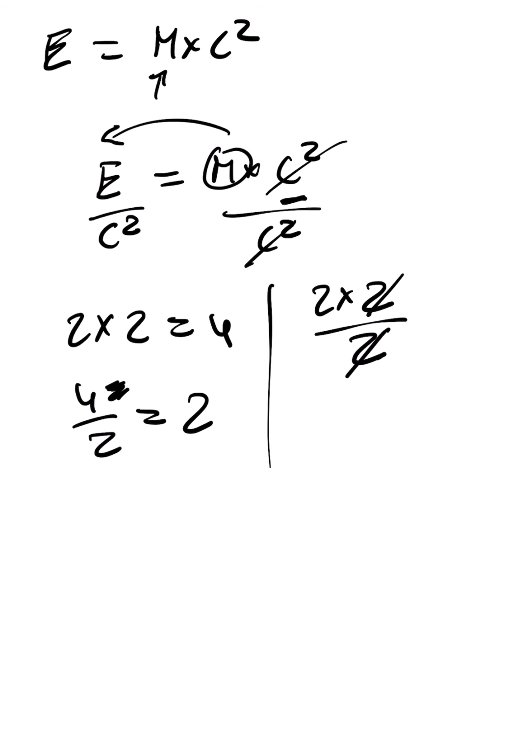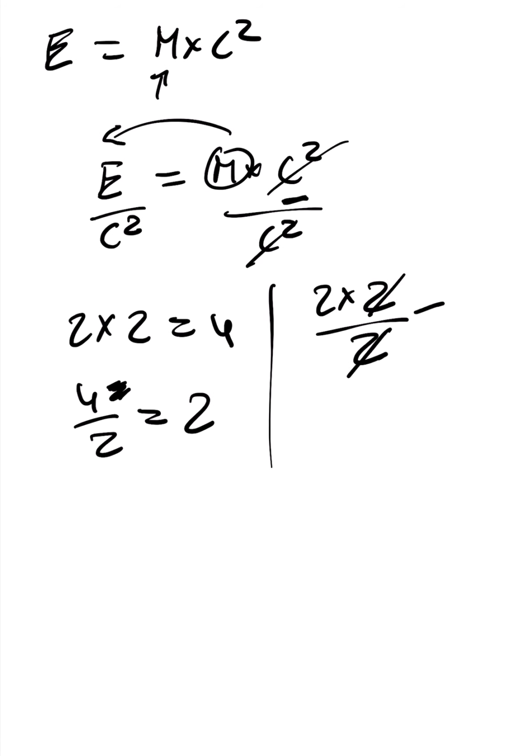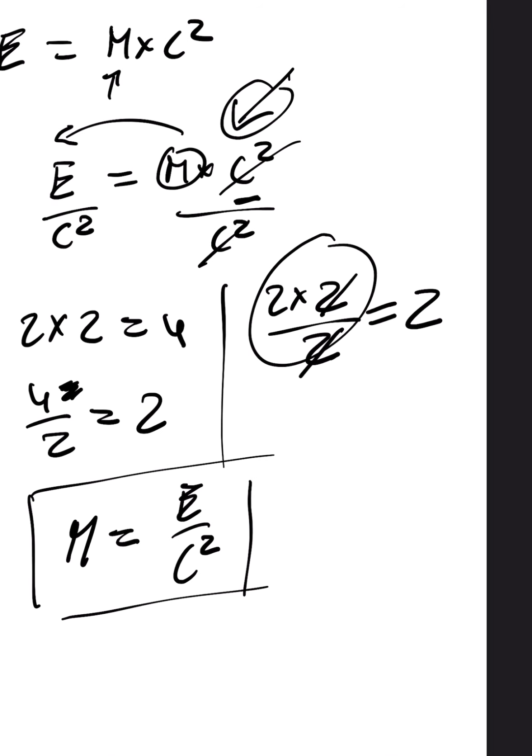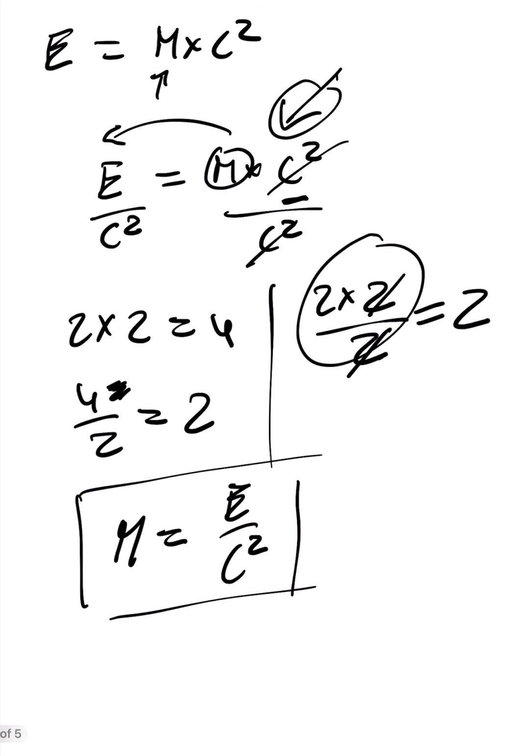And these 2's cancel out. And that is why I have 2. This right here is what I'm doing here. And that is why I can get M. So the formula of M is E over C squared. So that's how I can derive a formula.